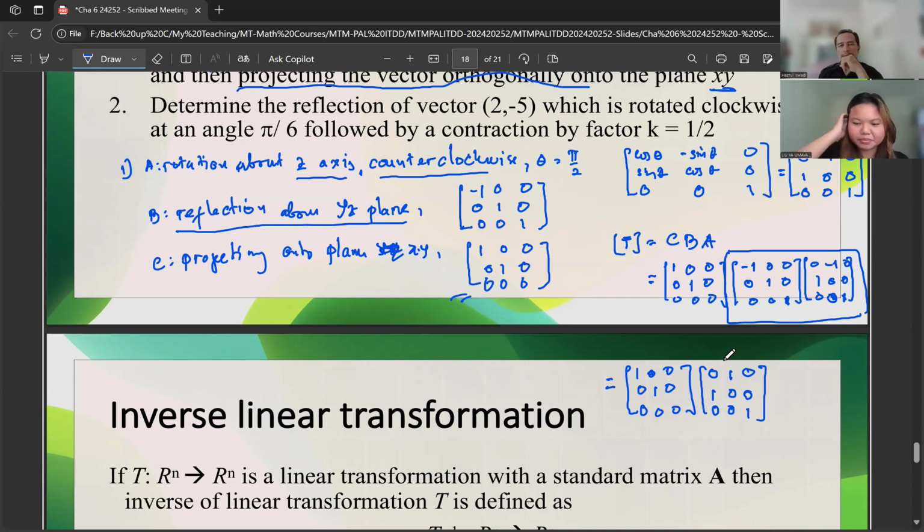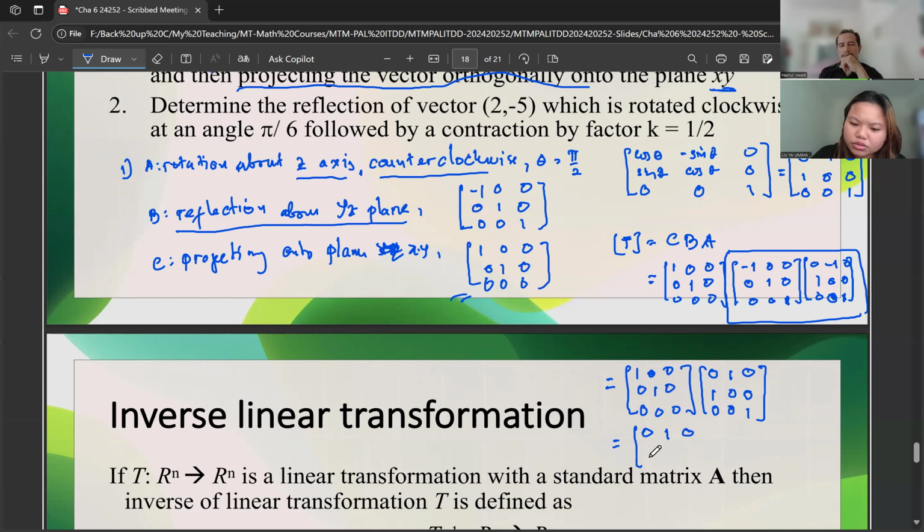Okay, after that, we multiply it. First row, first column to the second column will be 0. First row to the second row will be 1. First row to the third column will be 0. This will be 1.